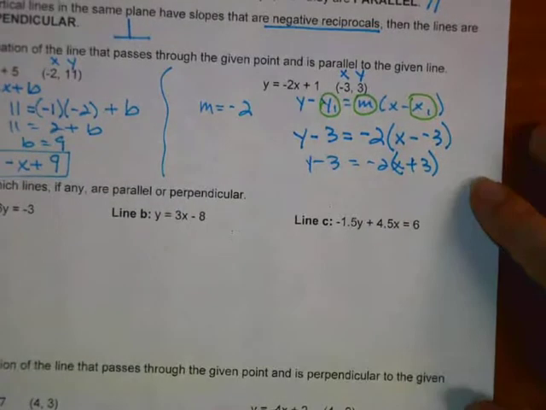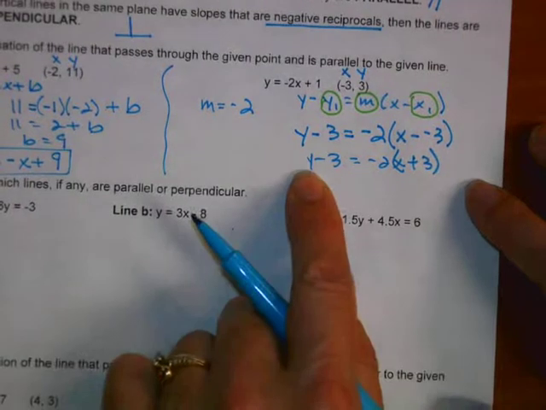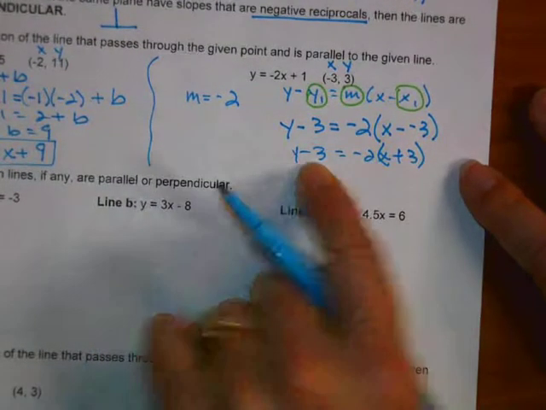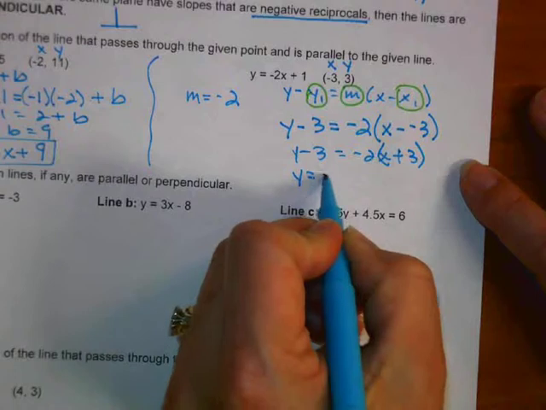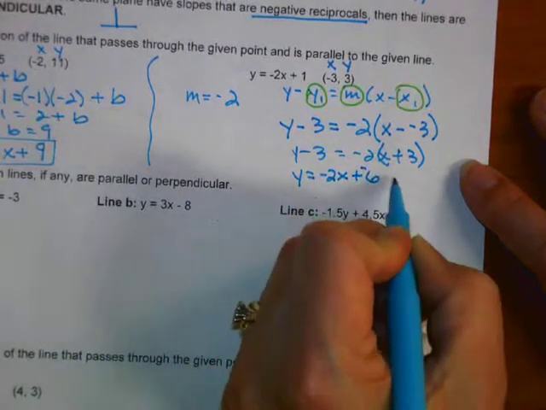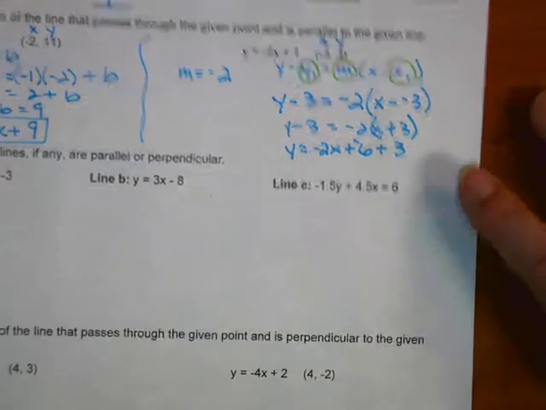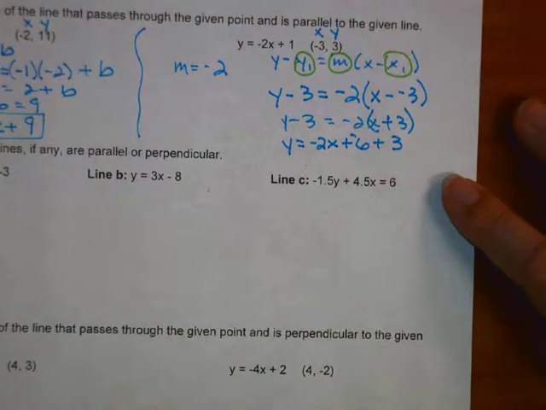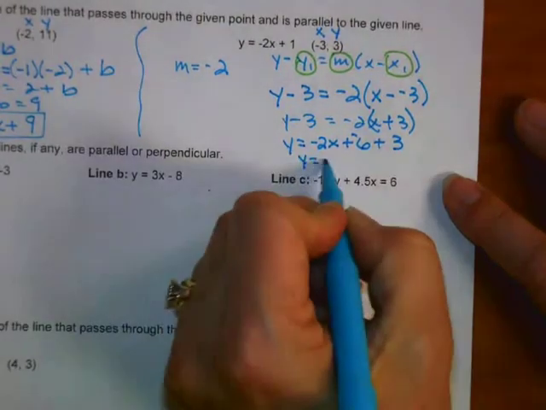That's point slope form. Could you very easily move it into slope intercept form? Yeah. All you got to do is get y by itself. So add 3 to both sides. And I'm going to distribute. And then make it pretty.